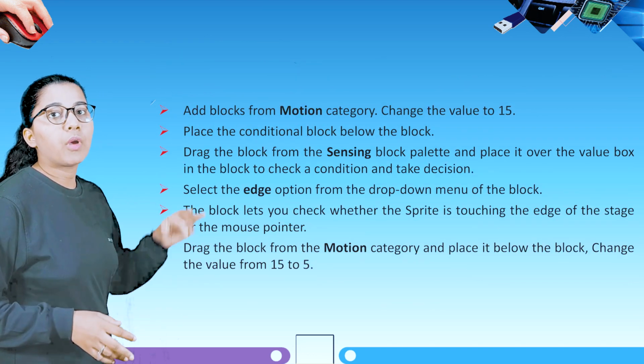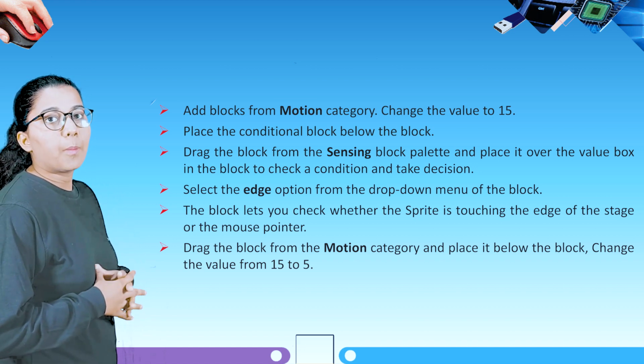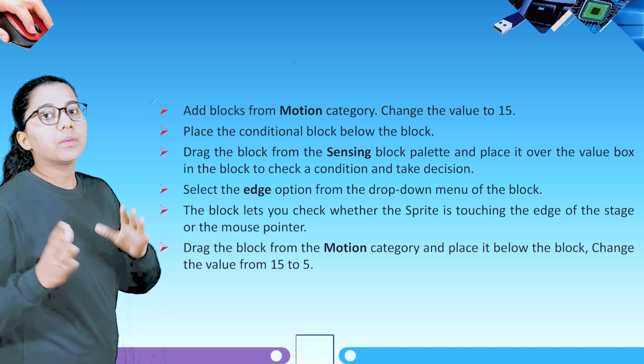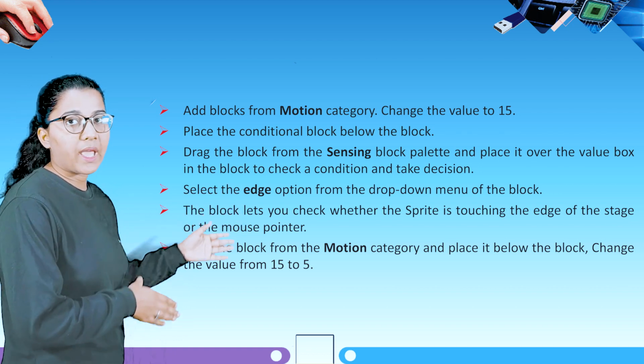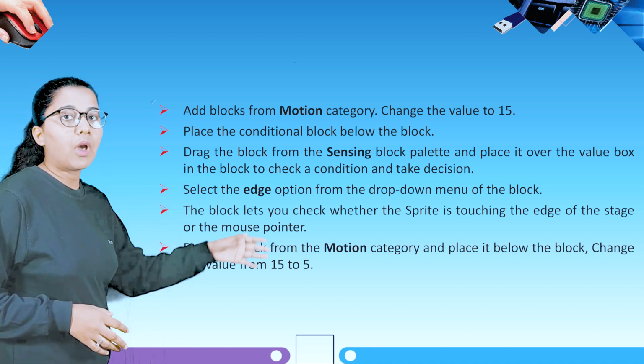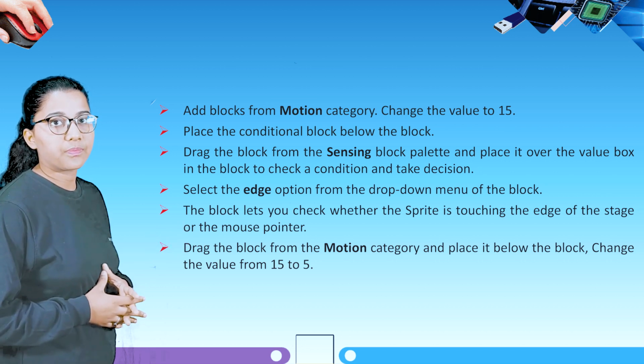Add blocks from the motion category, change the value to 15. Place the conditional block below the block. Drag the block from the sensing block palette and place it over the value box in the block to check a condition and take a decision.